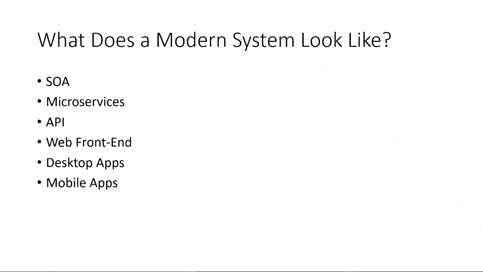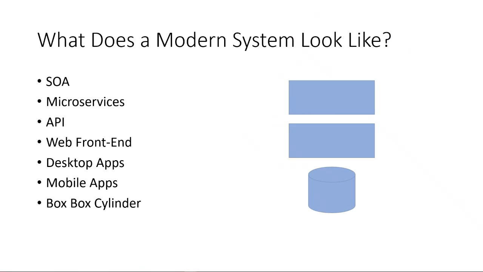But the specific case that we're talking about is this box cylinder architecture, which you may find in all of those buzzwords above. It's this situation where you've got, I don't know, a front end or API that talks to some kind of database facade, and then there's data stored behind that.